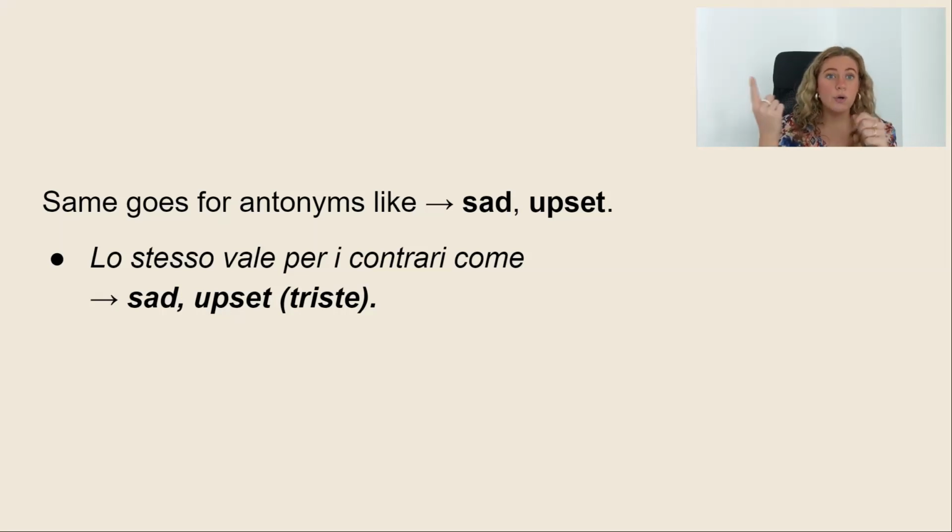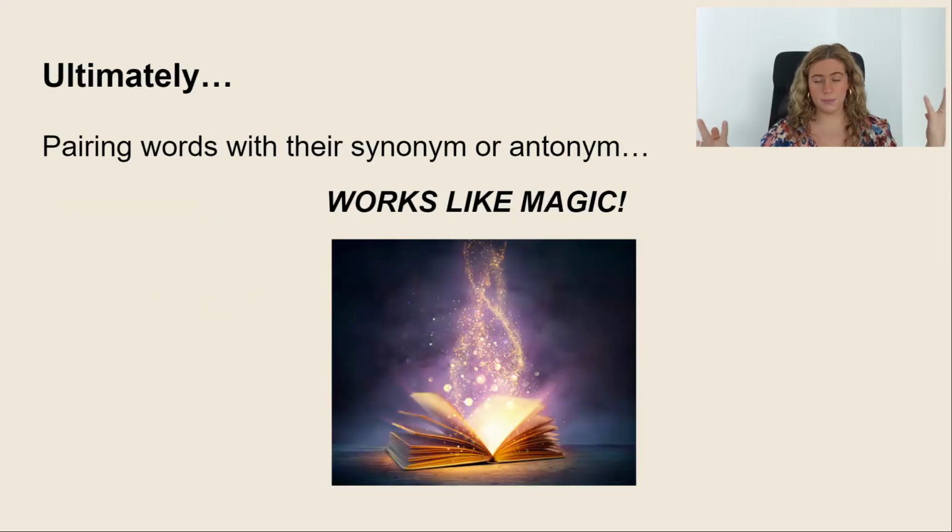So when you know the synonym, happy, joyful, learning the antonym, the opposite, is easier because you will know the meaning. So ultimately, pairing words with their synonym or antonym works like magic. Okay?